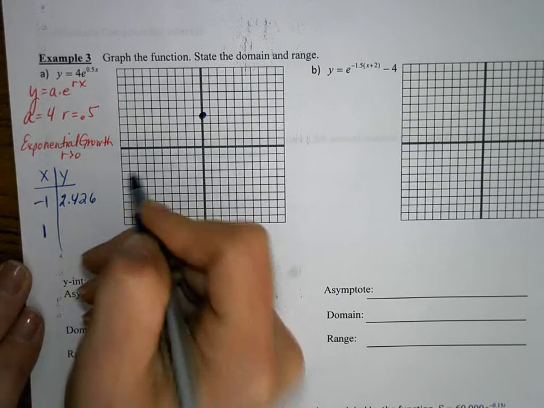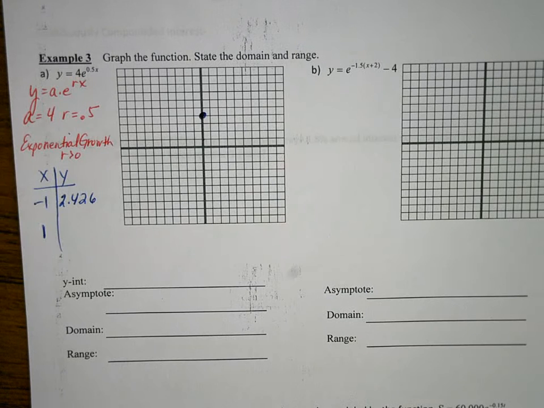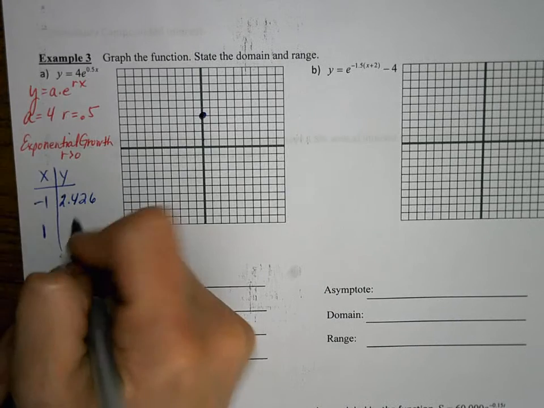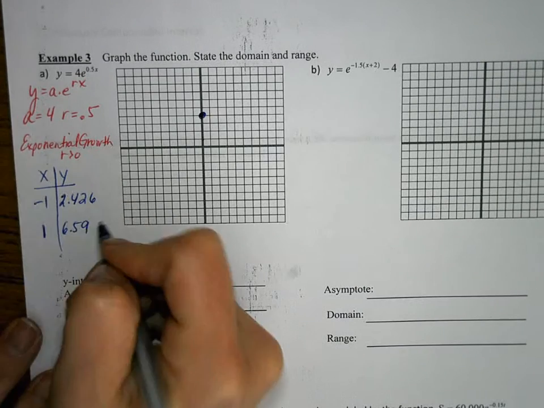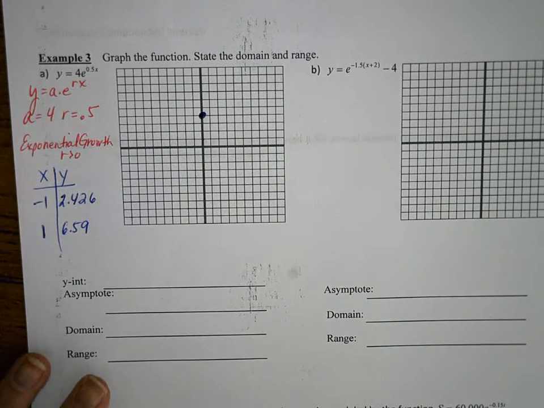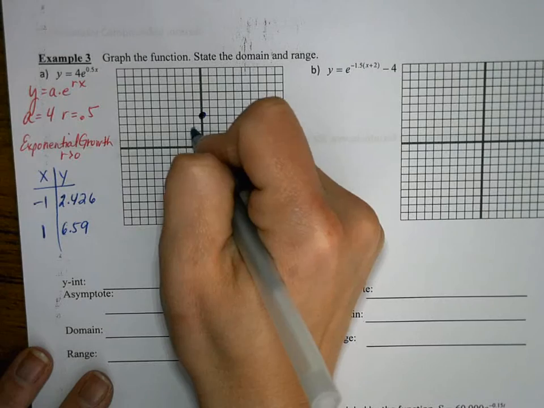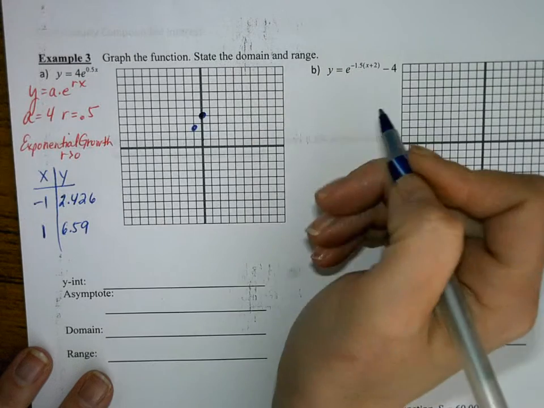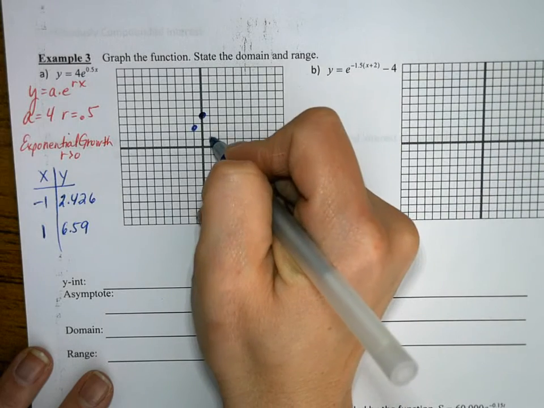What do we get when we plug in +1? Becky, do you have the value when we plug in +1? 6.59. Do we agree with those two values? Does everybody agree? Anybody having difficulties with their machines? Let me know. All right, so -1, we're up at 2.4-ish. You got to estimate. 1, we're up at 6.5.